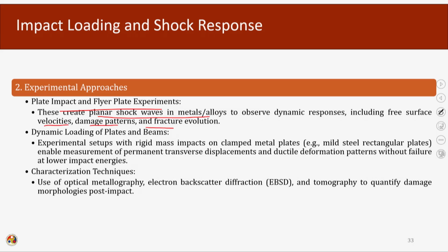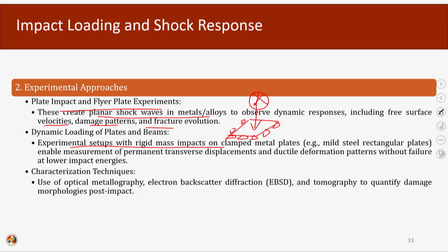After that, dynamic loading of plates and beams can also be done. So, experimental setups with rigid mass impacts on clamped metal plates: we have some metal plates, and we can clamp them from all the sides, and some rigid mass can be dropped on these plates.